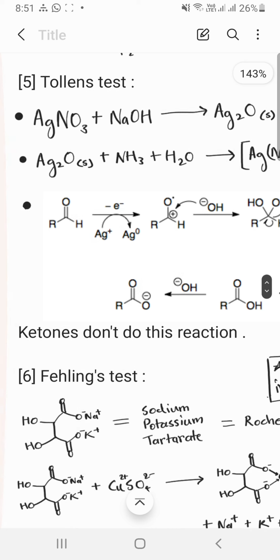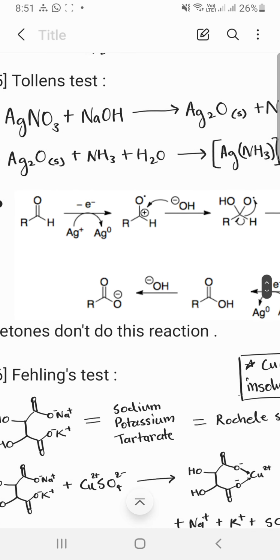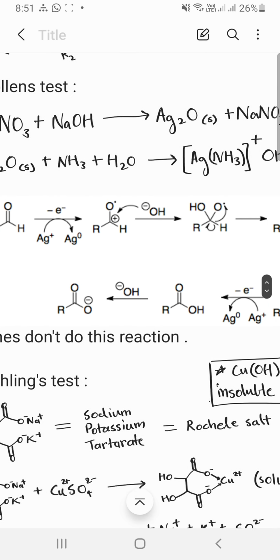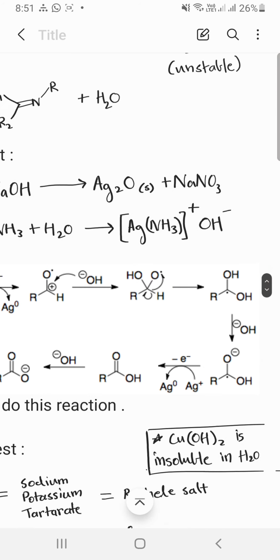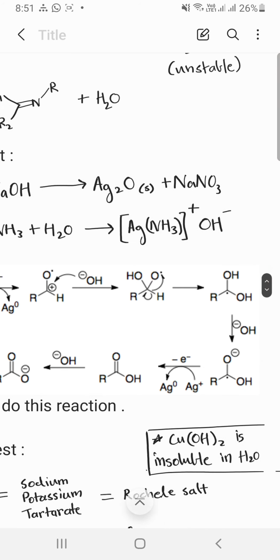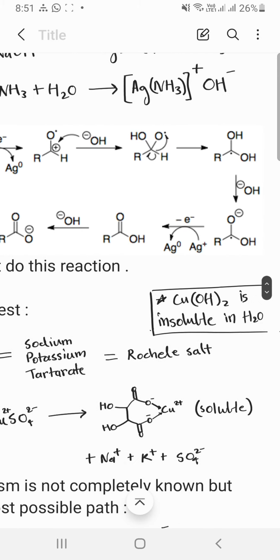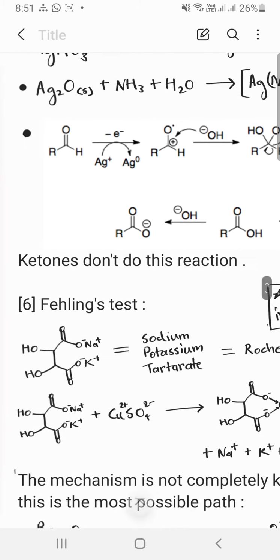Start with single electron transfers and create this thing, and then OH minus. Okay, cool. This is something like an H radical shift. Okay, cool. So you notice what's happening over there?